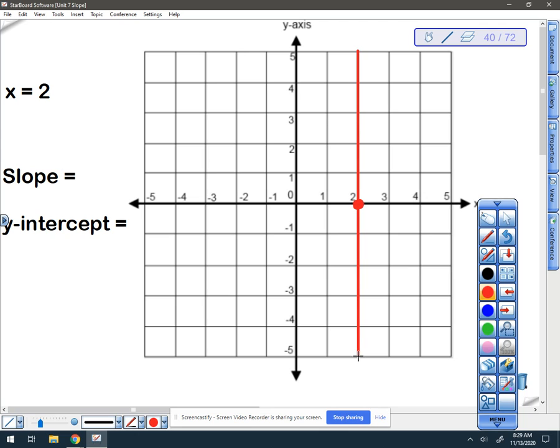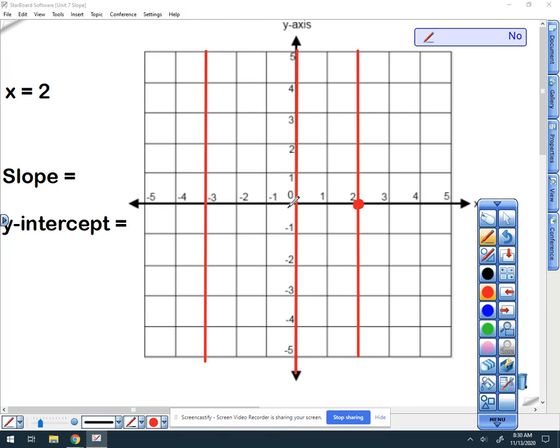So that's something you should probably write down. Make sure you have that. Make sure you remember it. If it's y equals a number, horizontal line. If it's x equals a number, vertical line. So if this was x equals 0, you go to 0, put a dot, vertical line at 0. If it was x equals -3, go to -3, put a dot, vertical line at -3.